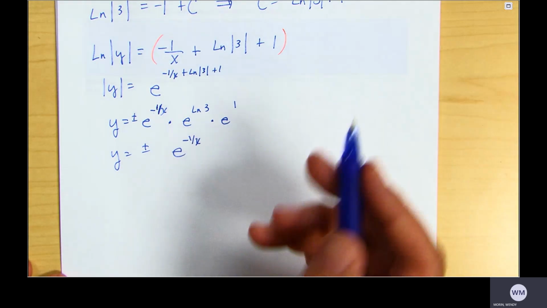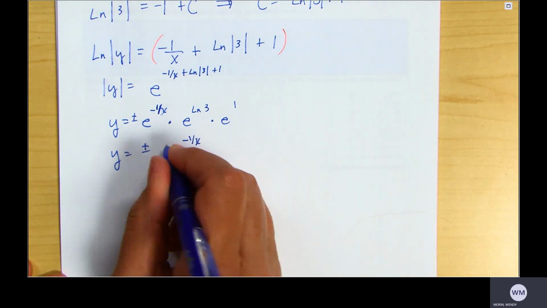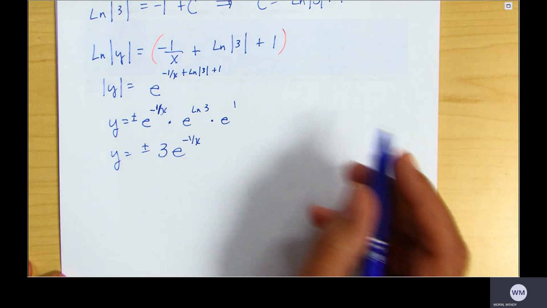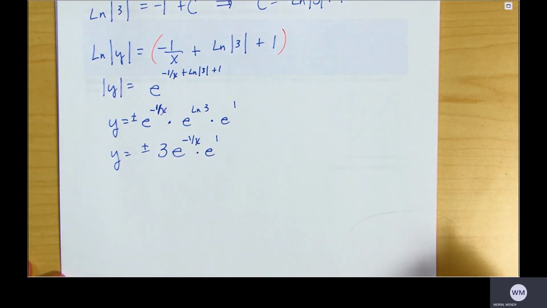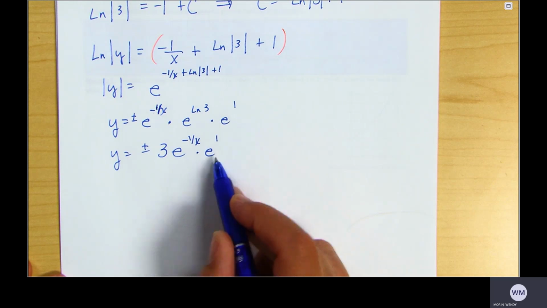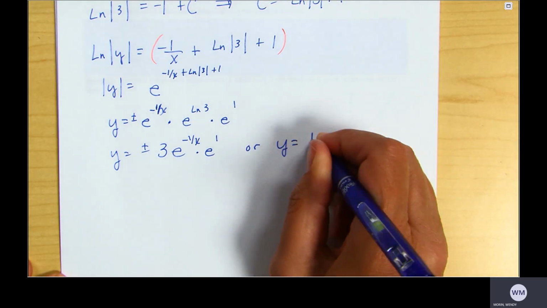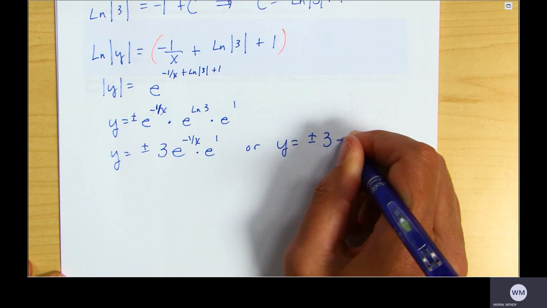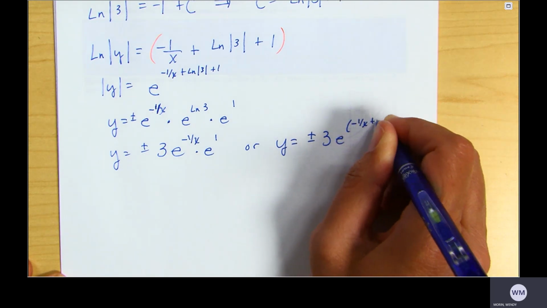That is also e. So we have 3 times e to the first. This is acceptable, or y equals plus or minus 3 e to the negative 1 over x plus 1.